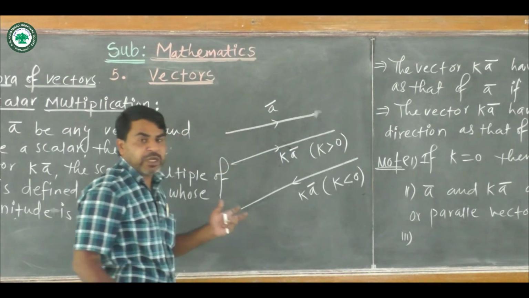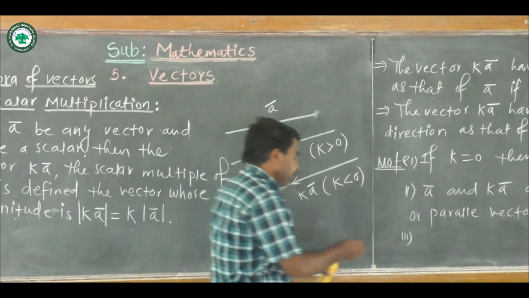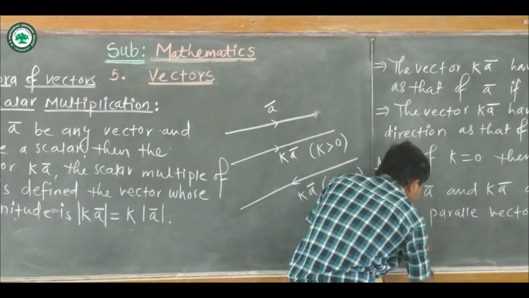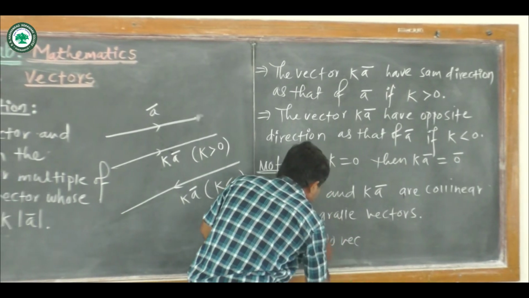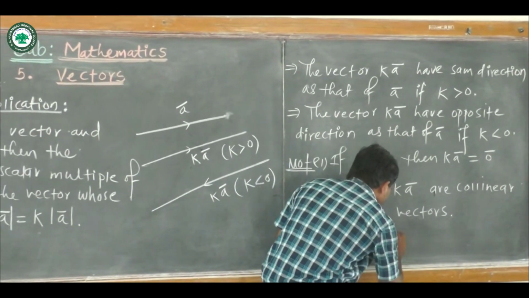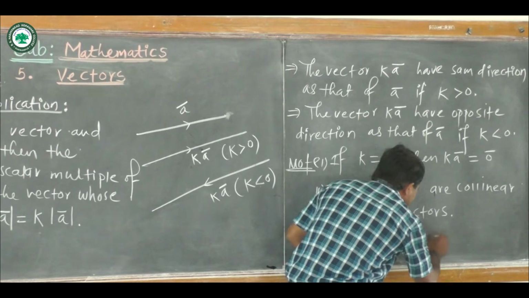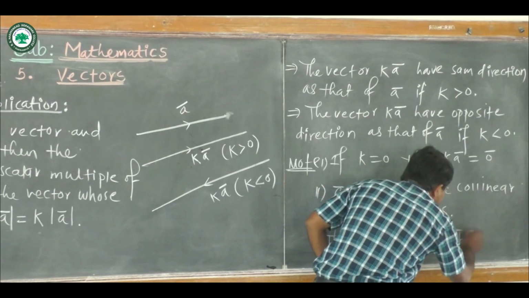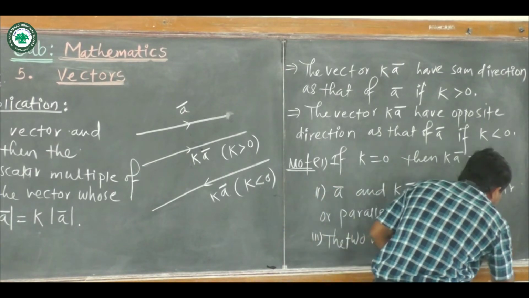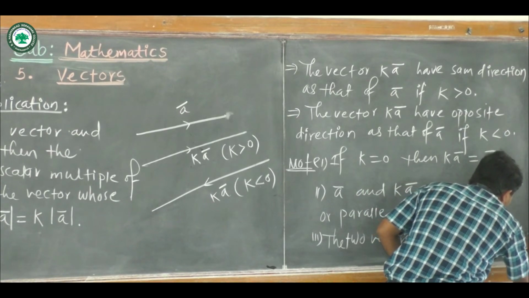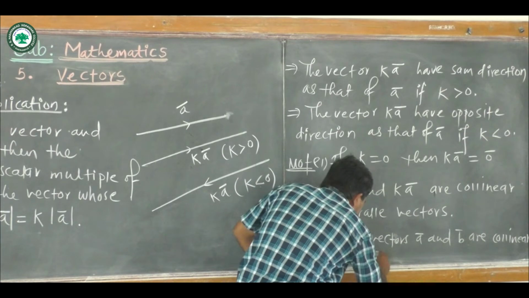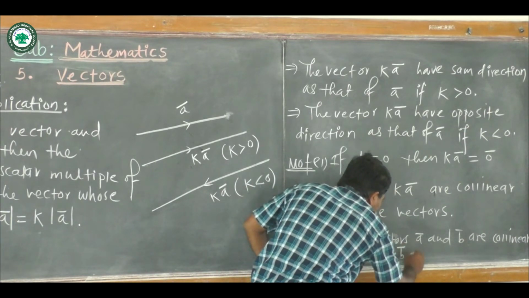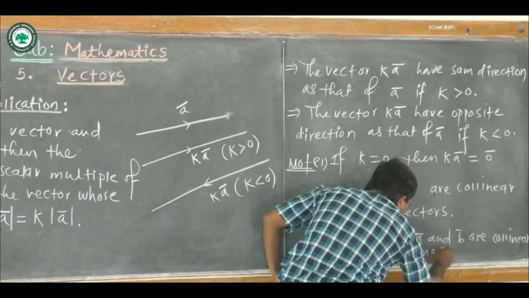So from this we conclude that the two vectors a bar and b bar are collinear if a bar is equal to m into b bar, m is not equal to 0.